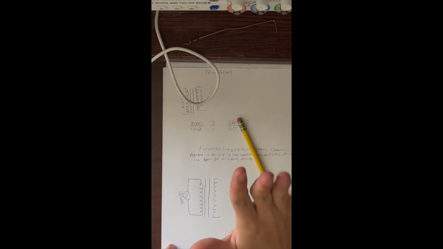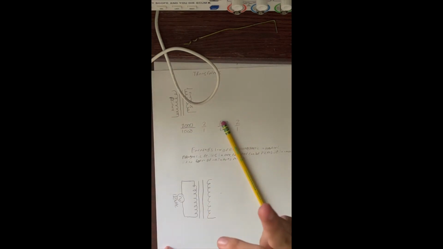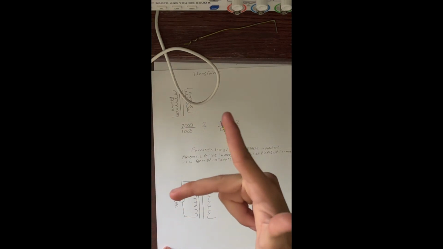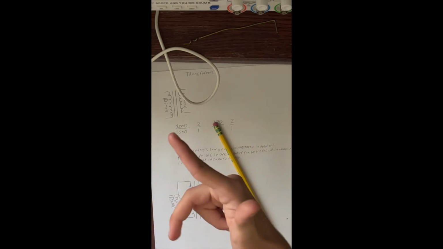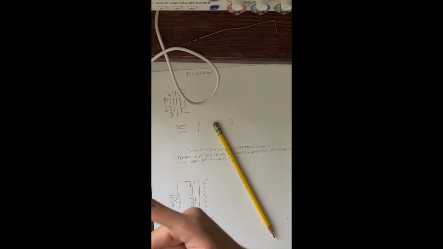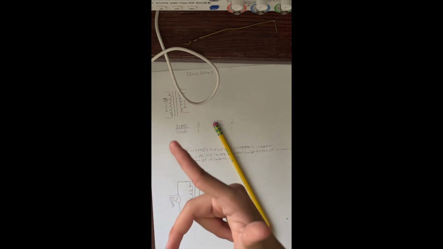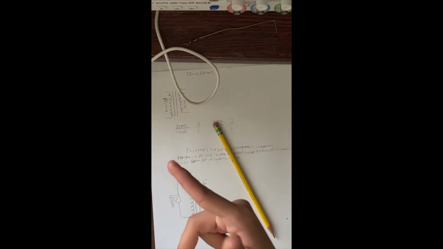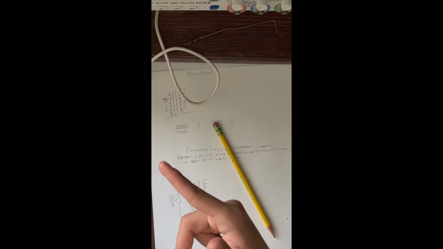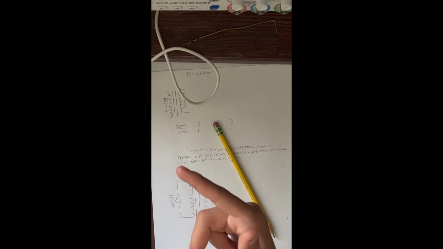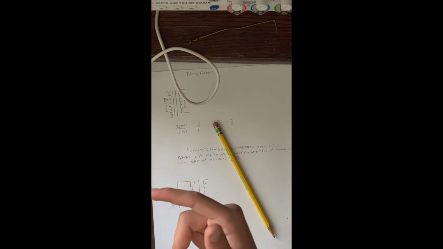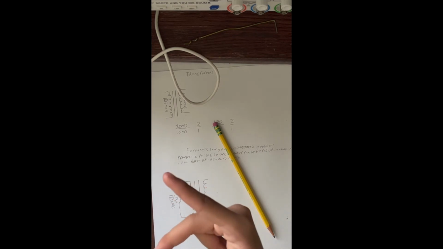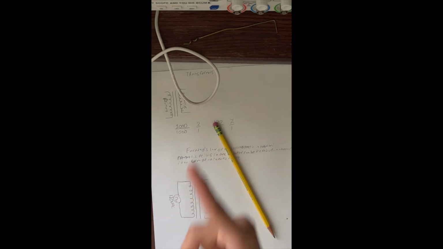I'll try to link this video, but ElectroBoom did a really good job of explaining this. Then there's this right-hand rule, where the middle finger is for magnetic field or B field, the index finger is for current, and then the thumb is force.